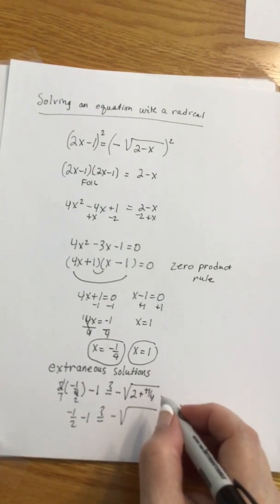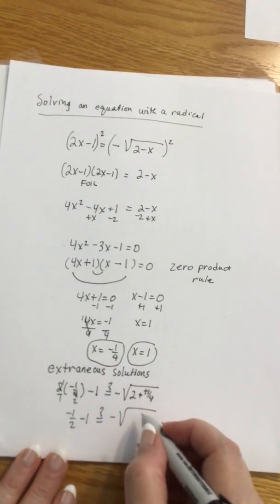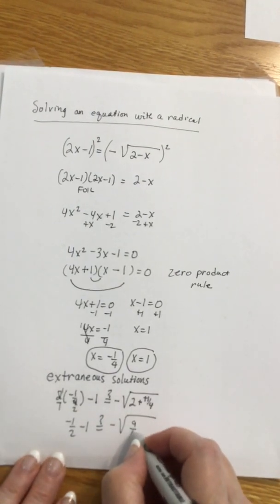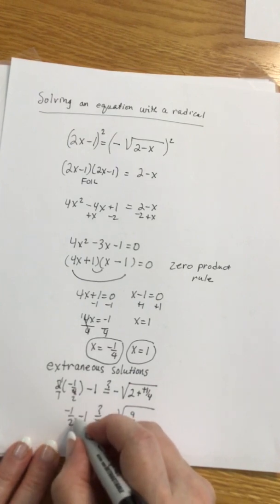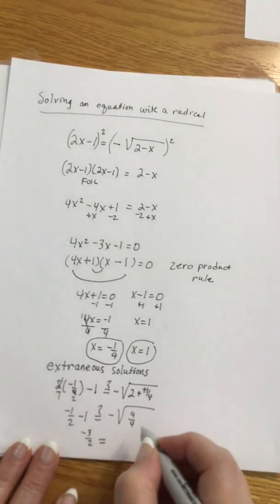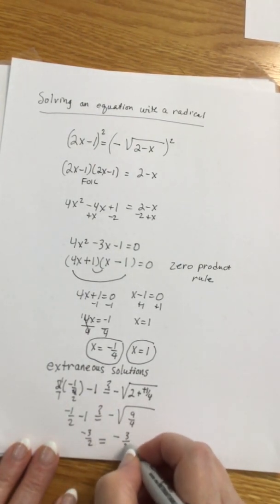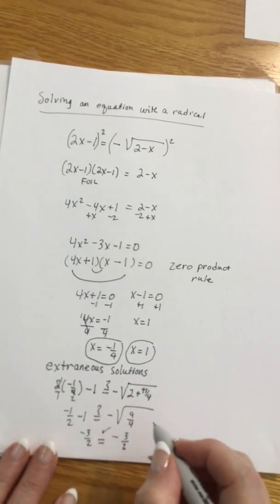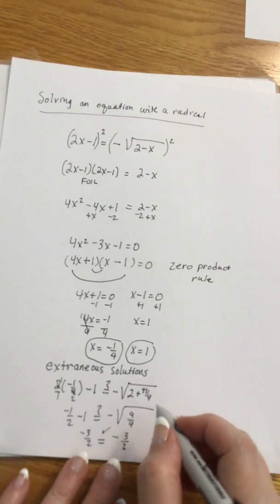So 2 and 1/4. 2 would be 8/4 plus 1/4 is 9/4. So this gives me 2 halves and 1/2 gives me a negative 3 halves. And this negative outside, square root of 9 is 3, square root of 4 is 2. So this one would work. So we know that x equals negative 1/4 works.